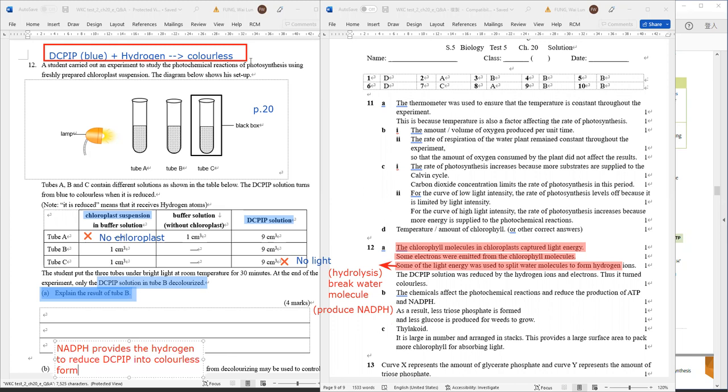So we call this the reduction. When DCPIP picks up hydrogen, when something picks up hydrogen, we call this a reduction.